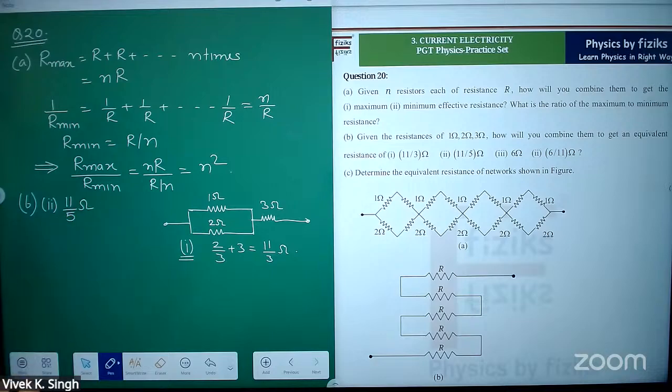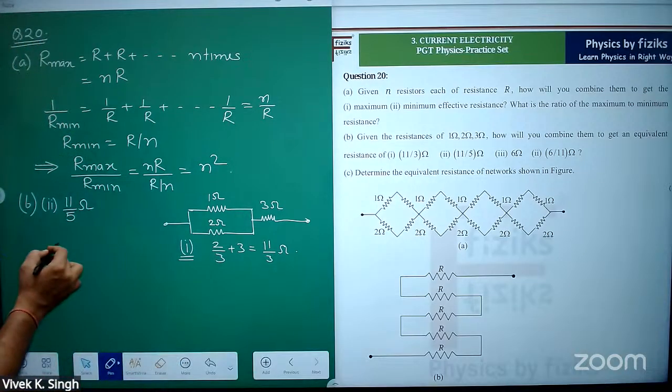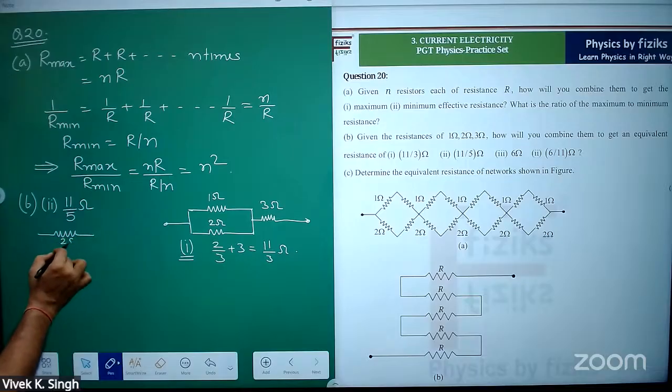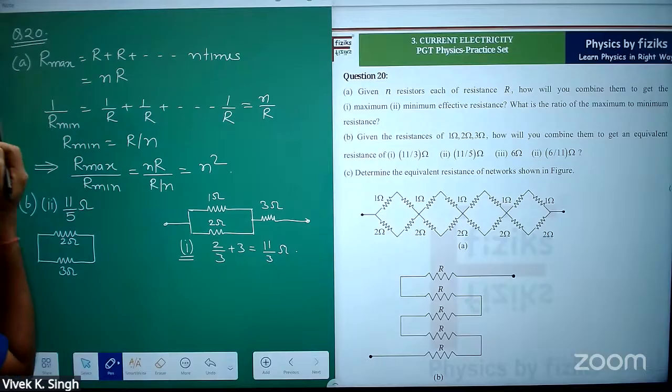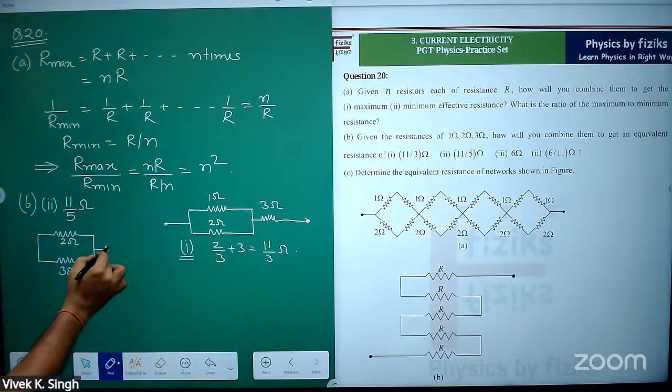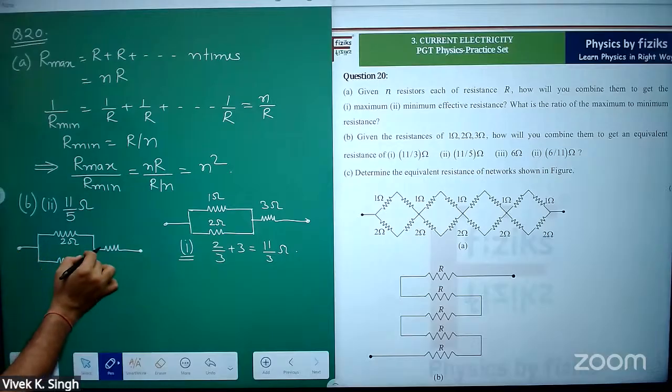So for 11 by 5, the equivalent resistance is 11 by 5 ohms. In this case, you have to take this as 2 ohm, this will be 3 ohm, and then this will be 1 ohm.